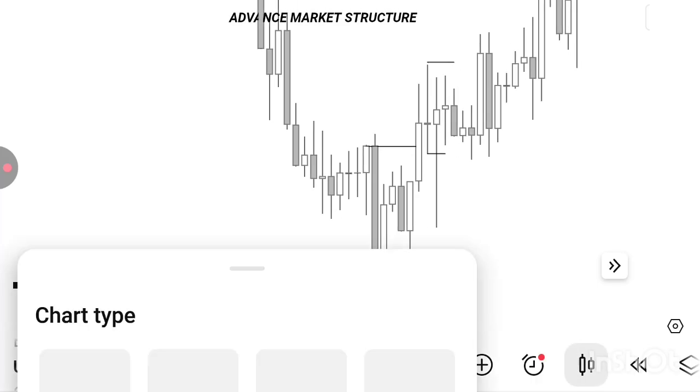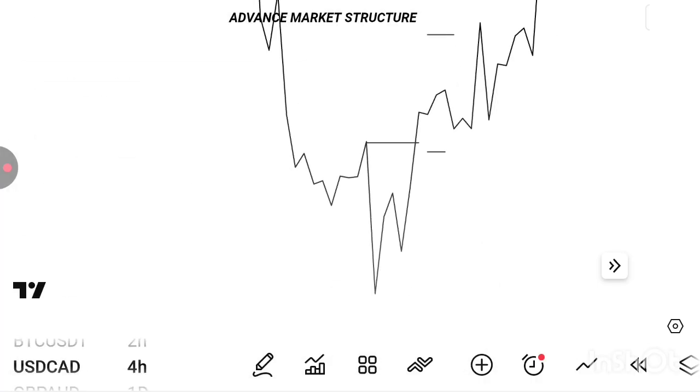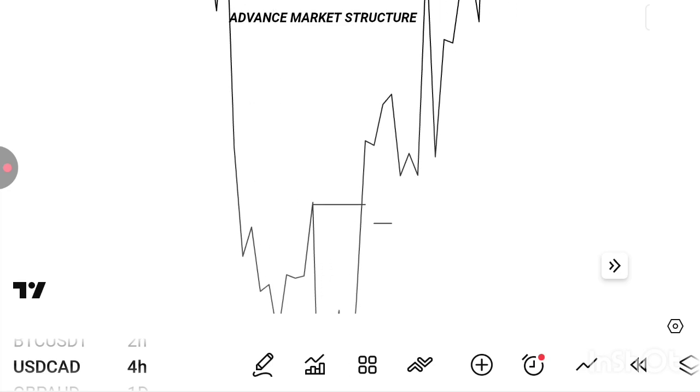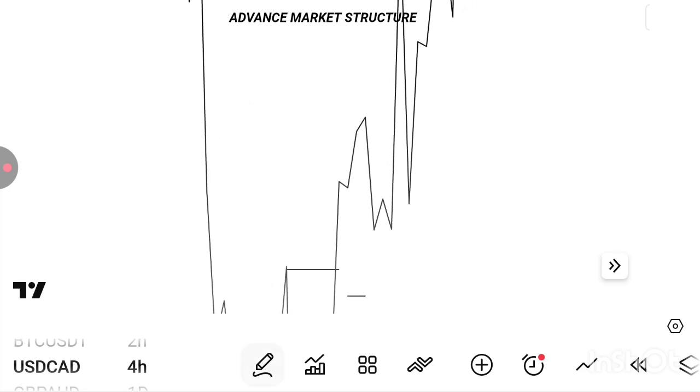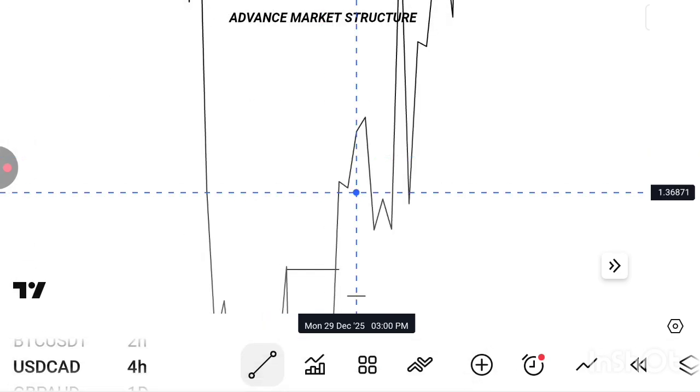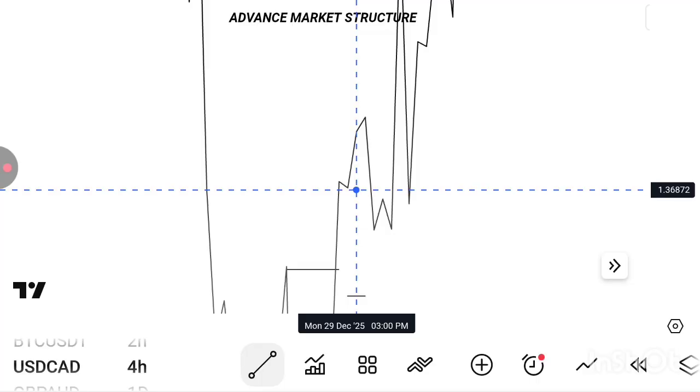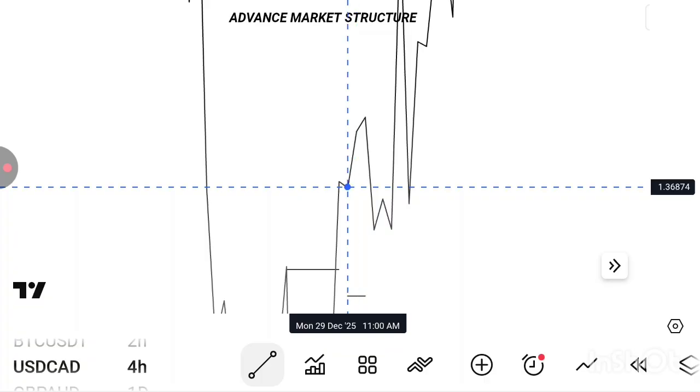If we go to the line chart, you're going to see it's this particular level, because the line chart only focuses on the body. It does not focus on the wick. So this is actually the level that price took out, right? This was a low that price took out.